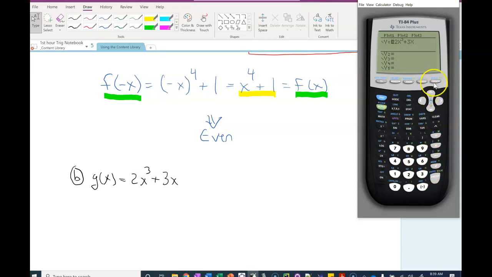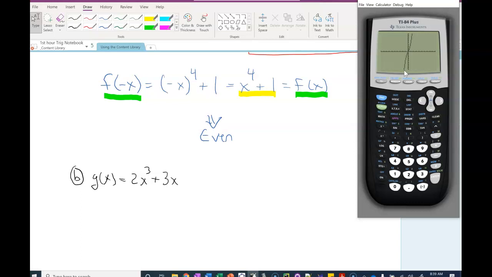It helps to have an answer for a question like this before you go ahead and prove it, right? Helps you figure out if you have any error. Okay, so here's my graph. Not real exciting. What type of symmetry do we see here? This looks odd to me as well. Do you guys agree?